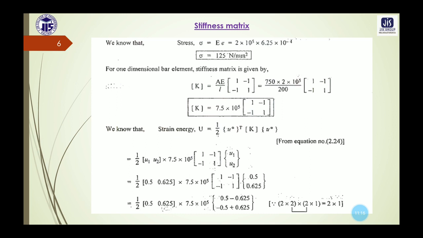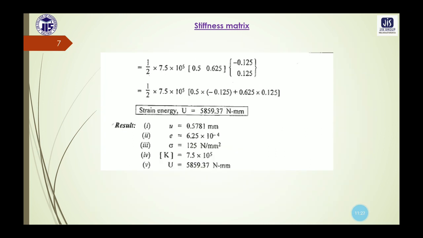Now if we put these values here, then after several steps we need to perform the matrix multiplication, and after some more steps we get the value of the strain energy, capital U. This is coming as 5859.37 Newton millimeter. So using this formula we have calculated the strain energy.